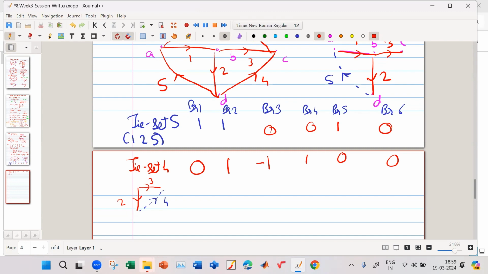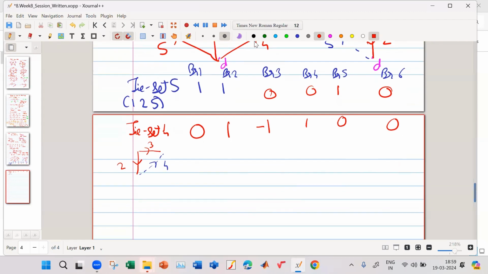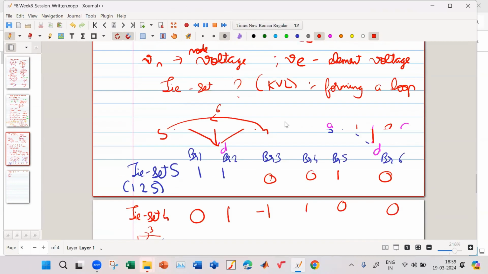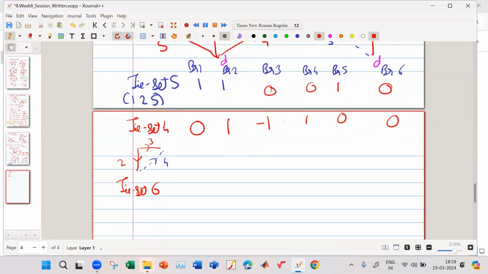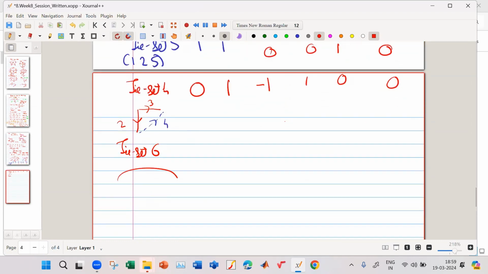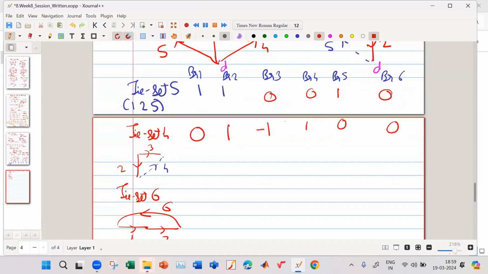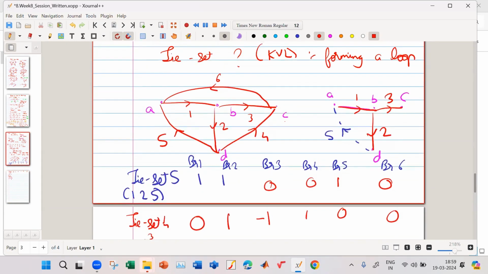Okay. Now what about tie set 6? It is formed by 1, 3, 6. This is how tie set 6 is formed.